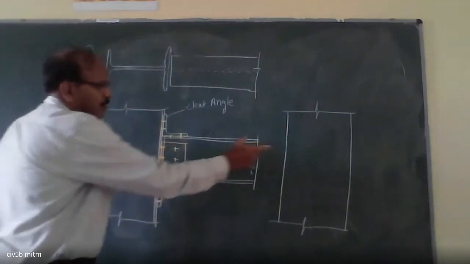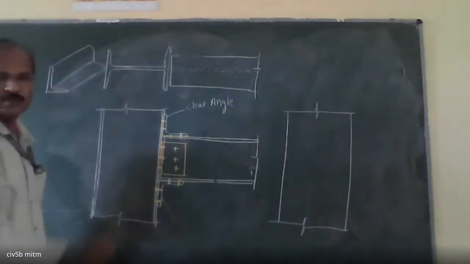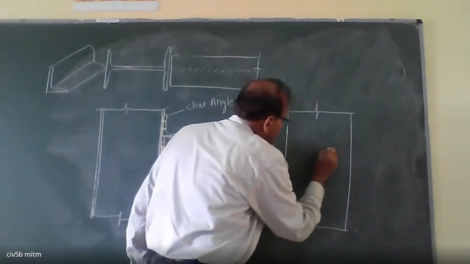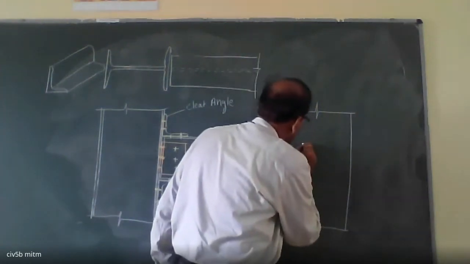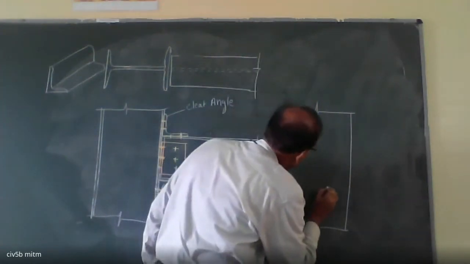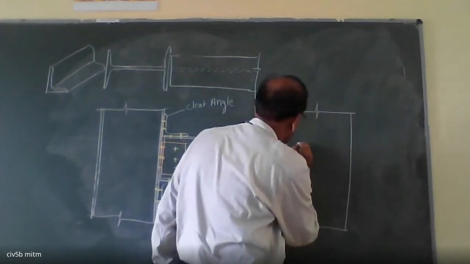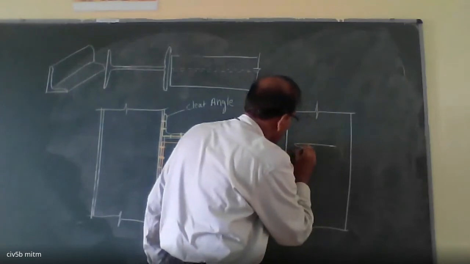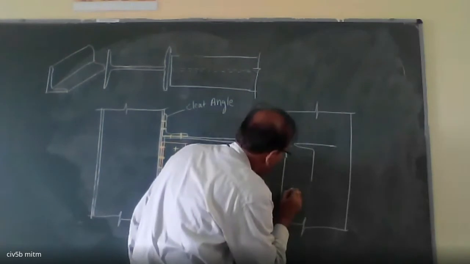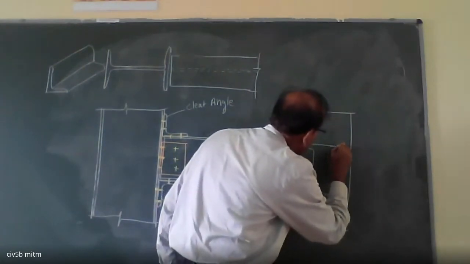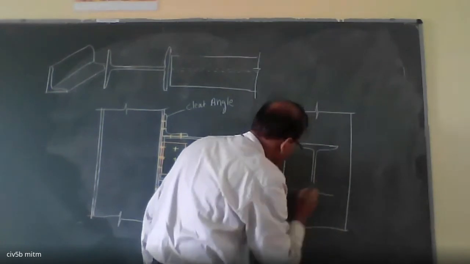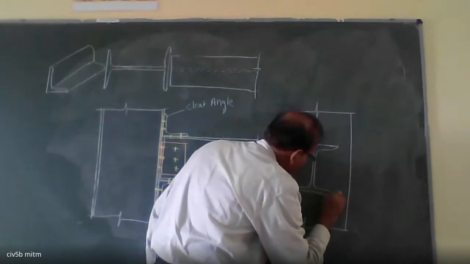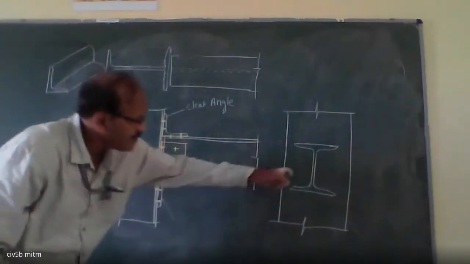Okay, this flange equal to this flange. Then if I extend this line, so I am going to see, okay, this is the beam.